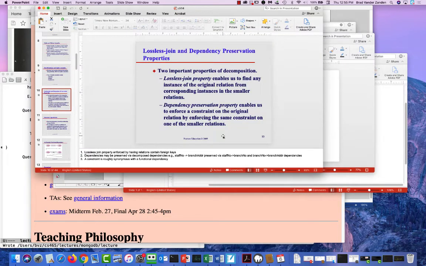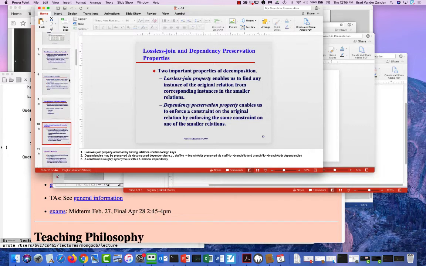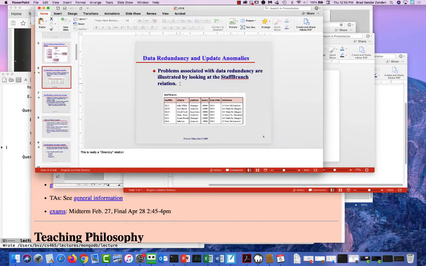So the second thing is that we want to enforce constraints on the original relation by ensuring that the same constraint is enforced on one of the smaller relations. So, as an example, back here, we can see that the branch number determines the branch address.